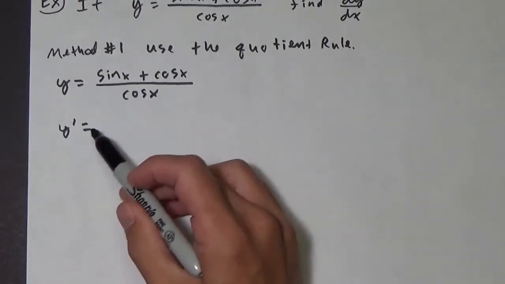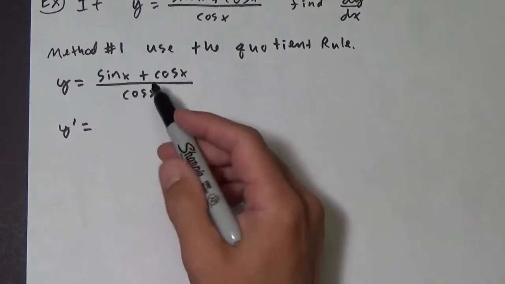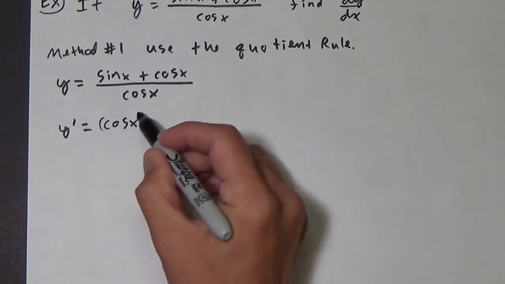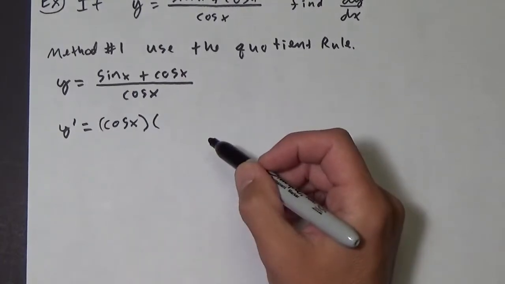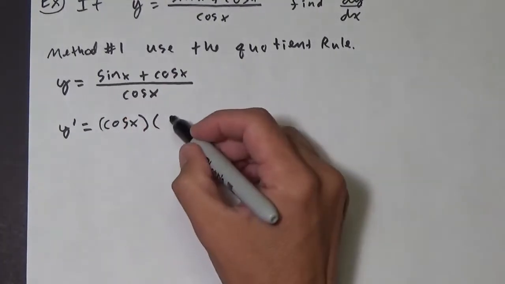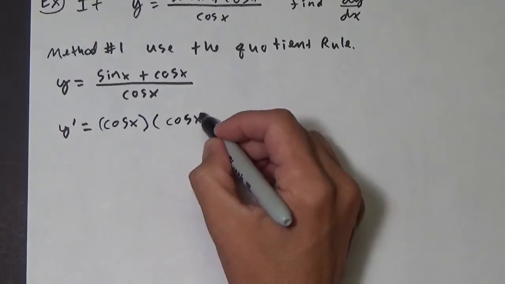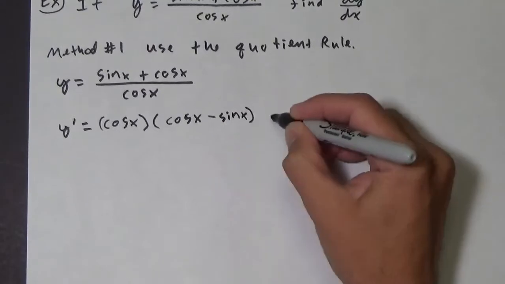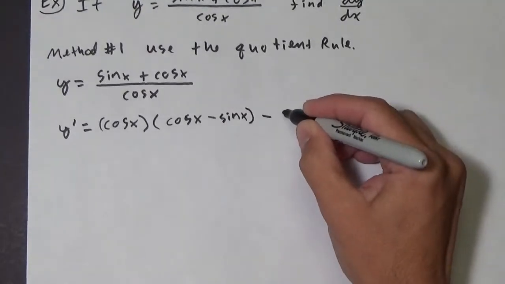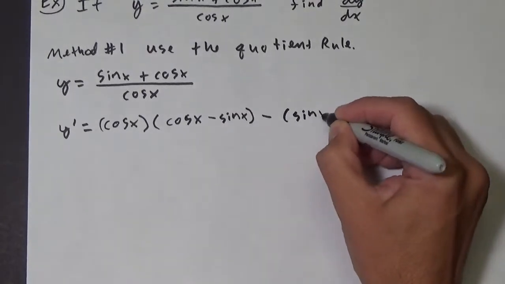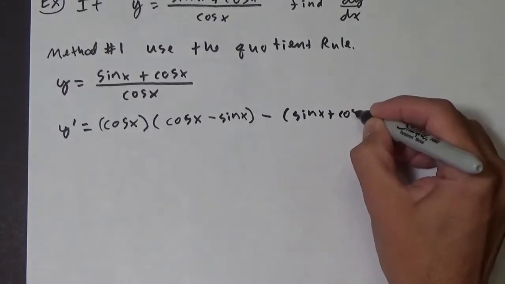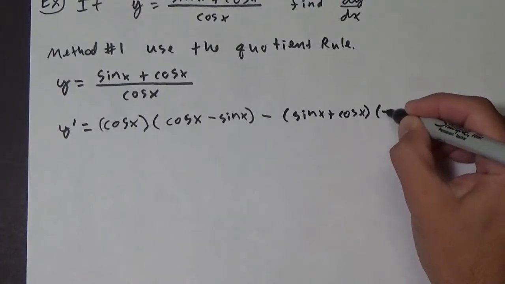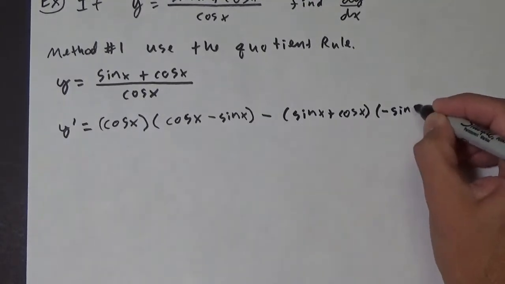But the way I say it is, the derivative of a quotient is the bottom, which is the cosine of x, times the derivative of the top. The derivative of the sine is the cosine of x. The derivative of the cosine is a negative sine of x. Then we subtract from that the top, which is the sine of x plus the cosine of x, times the derivative of the bottom, which is a negative sine of x.